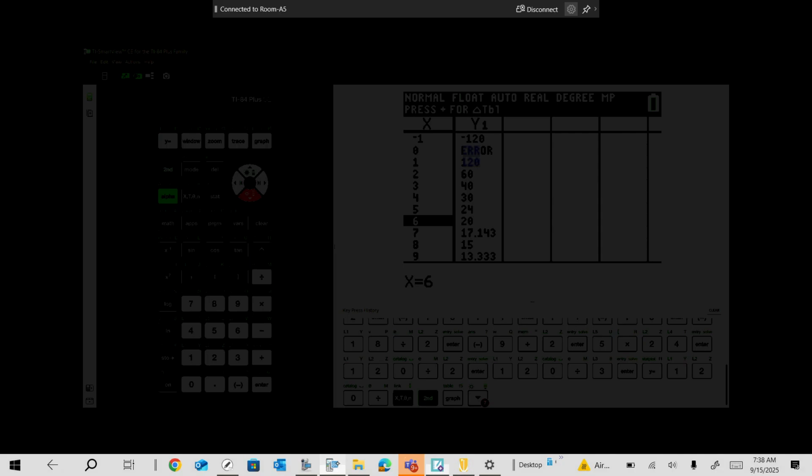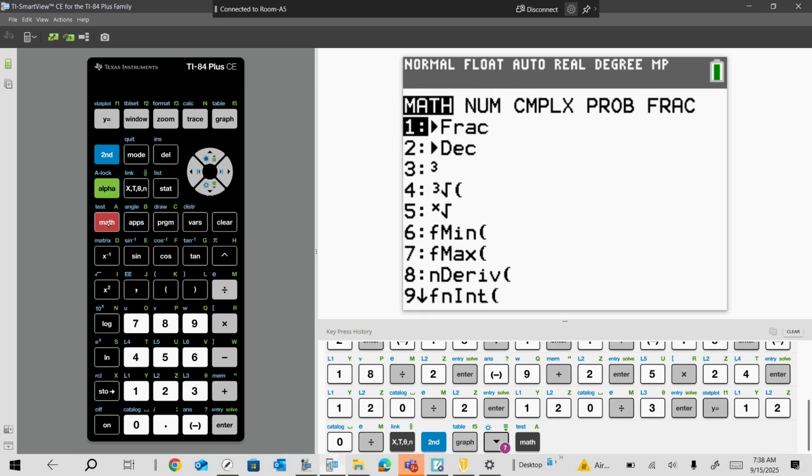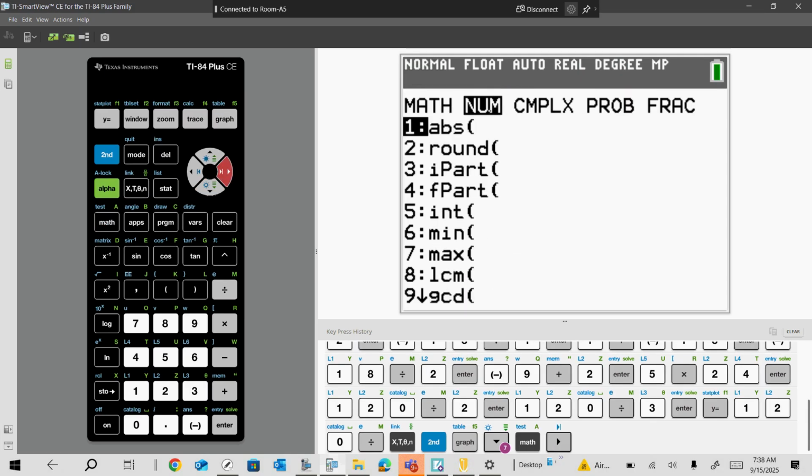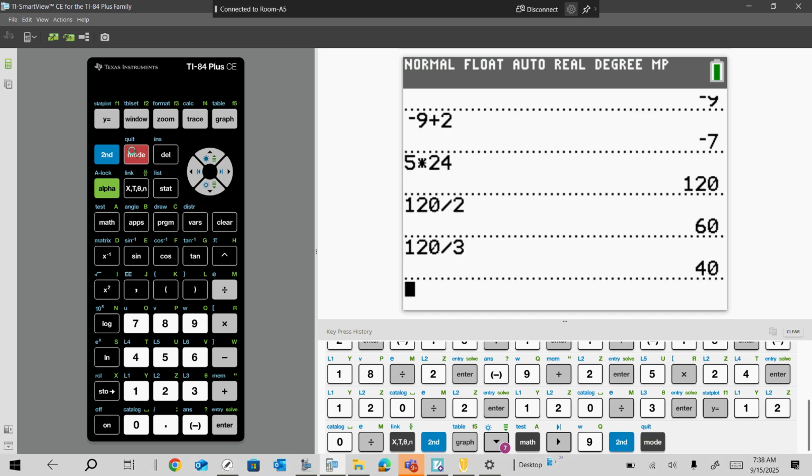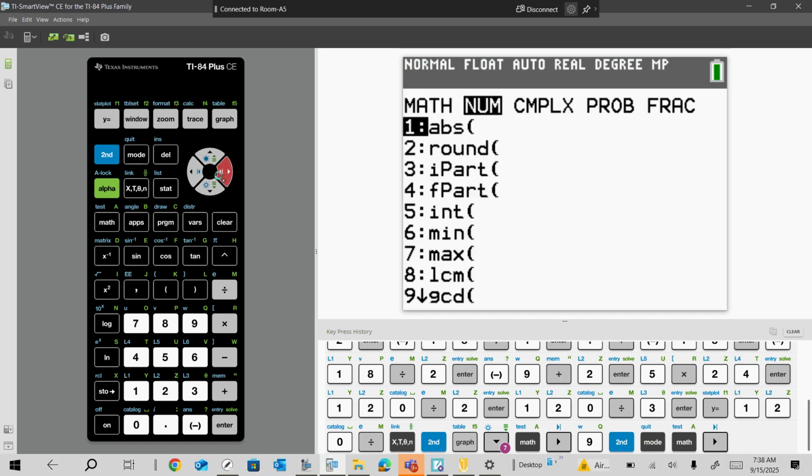So if you do math and you arrow to the right, hit the number, pick 9. Oops, I gotta get out of that, sorry. Math arrow.